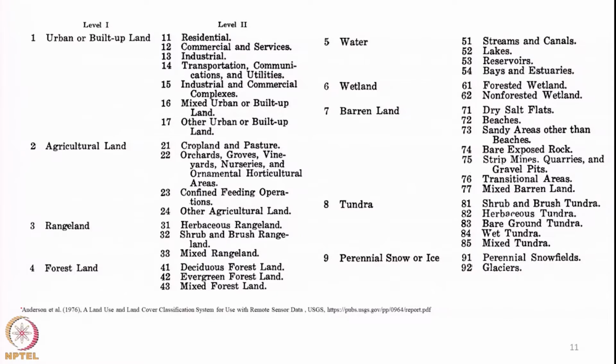Then the next example is given here, again a general LULC classification scheme developed by Anderson and others in the year 1976, which is still used by many. This was developed by the United States Geological Survey, where you can see two different levels. Level 1 is urban or built up land, and within that you have residential, commercial, industrial, transportation and so on.